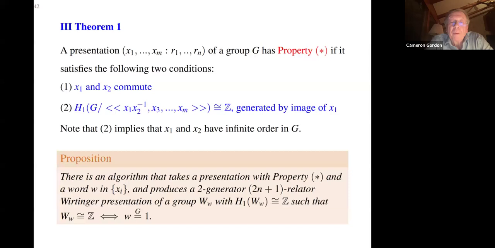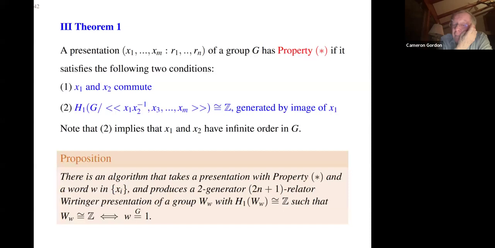I'm going to call that group W sub little w because it depends on the word. And this group is isomorphic to Z if and only if the word w represents the identity element in the group G presented here with property star, okay? So that's the main proposition.